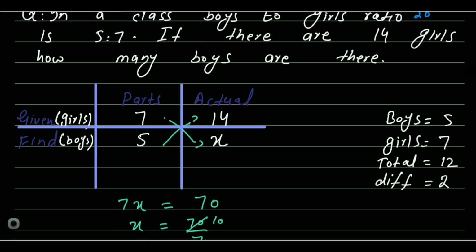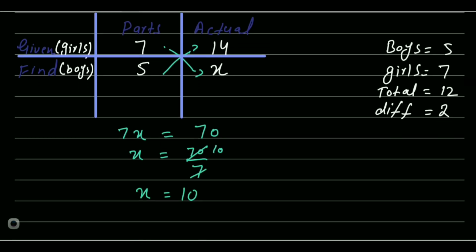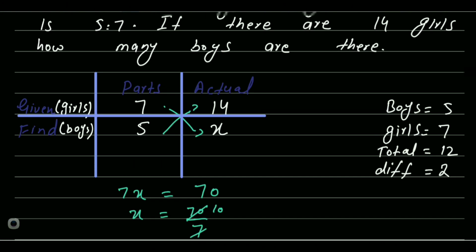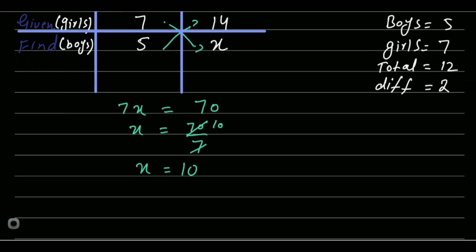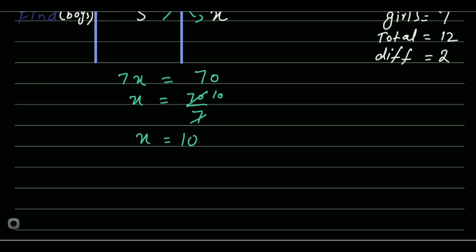So this is the way that we can get our answer very easily. I hope this will be an easy and very useful technique for you. So let's do one more example of this question, then we will do some past paper questions.